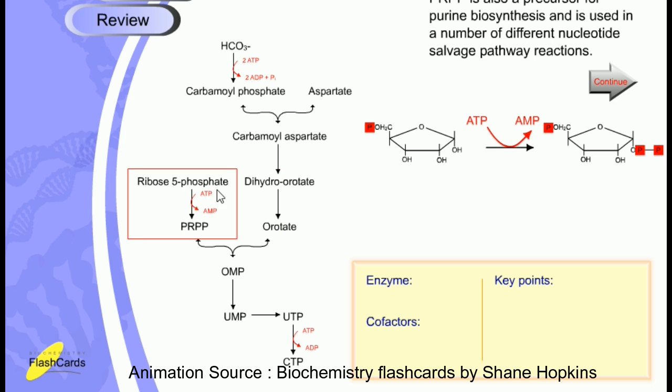Now, sometimes they also need another specific intermediate that is known as phosphoribosyl 1-pyrophosphate, or PRPP. But phosphoribosyl 1-pyrophosphate is not normally present.